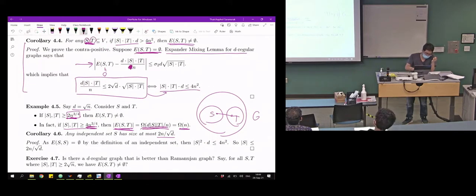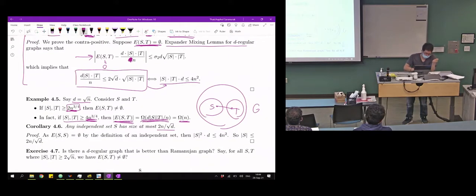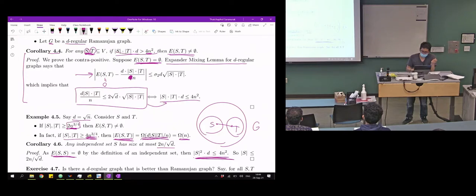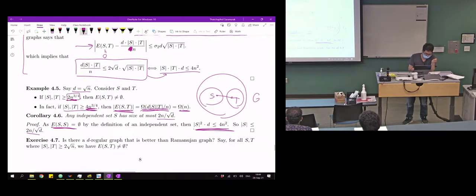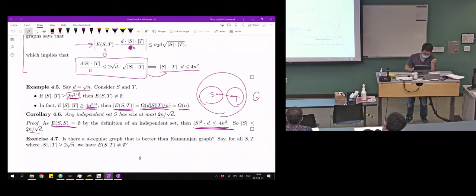It's just because if you apply this corollary when S and T are the same set, then in any independent set there is no edge inside it. So the size of S needs to be at most this by this lemma. So S can be at most n over root d.